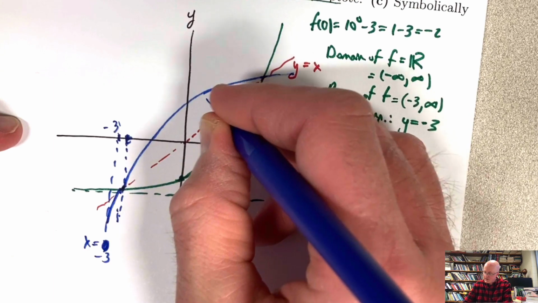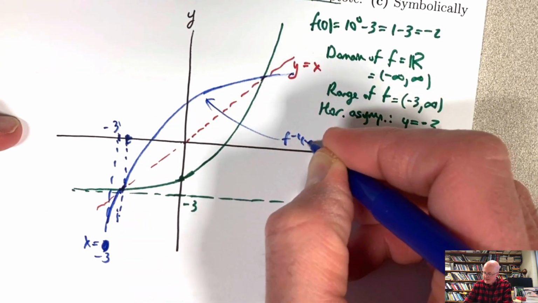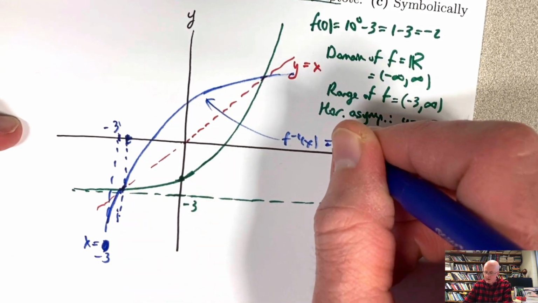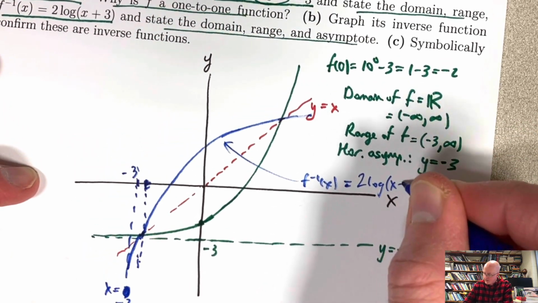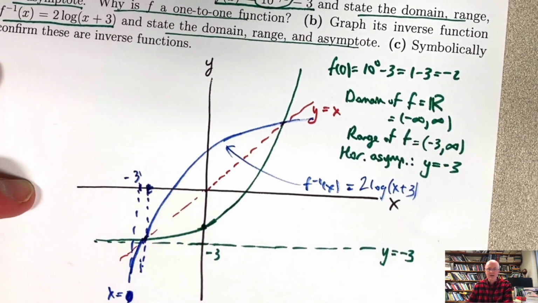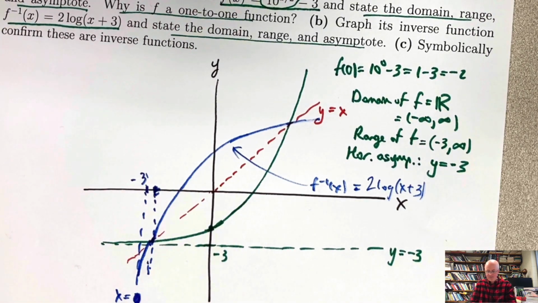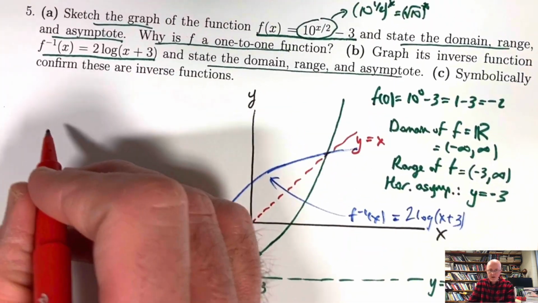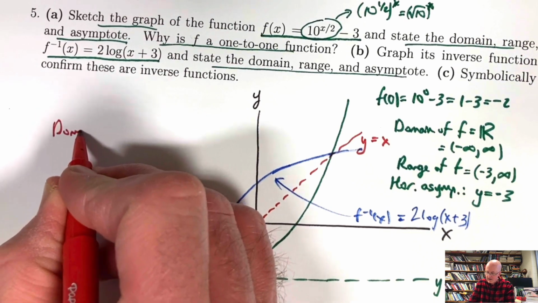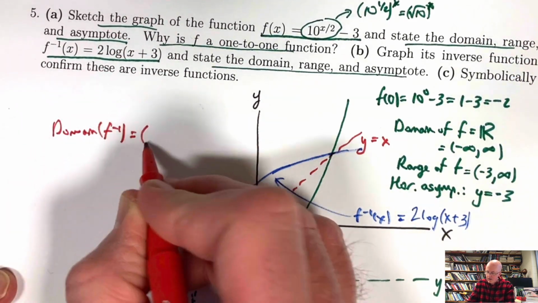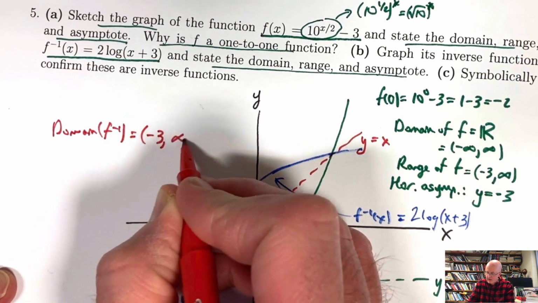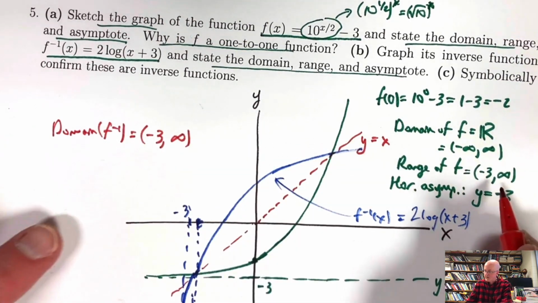That's f inverse of x. Oh, this blue pen isn't working very well. 2 log base 10 of x plus 3 is its formula. And yeah, its domain, let's write it in red over here, domain of f inverse is going to be all numbers strictly bigger than negative 3 in interval notation, same as the range of f.